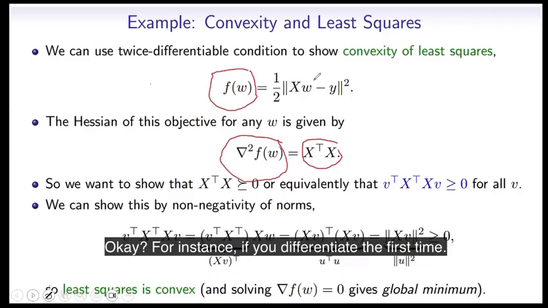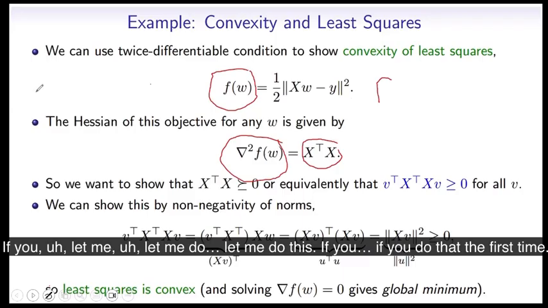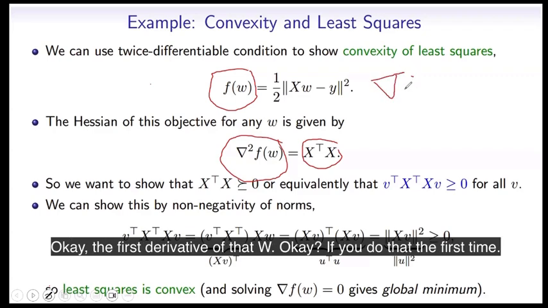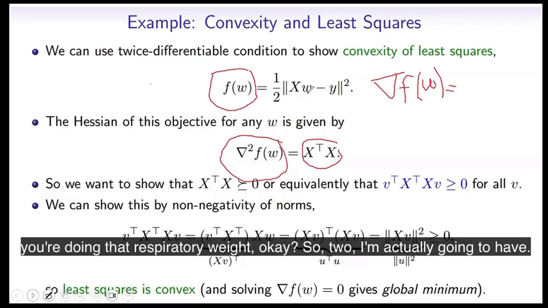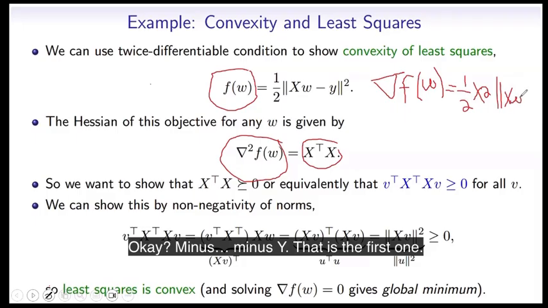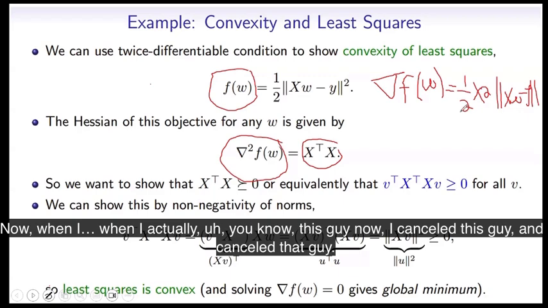If you differentiate the first time, with respect to the weight, I'm going to have a half multiplied by 2, then I'm going to have just this guy here, xw minus y. That is the first one.